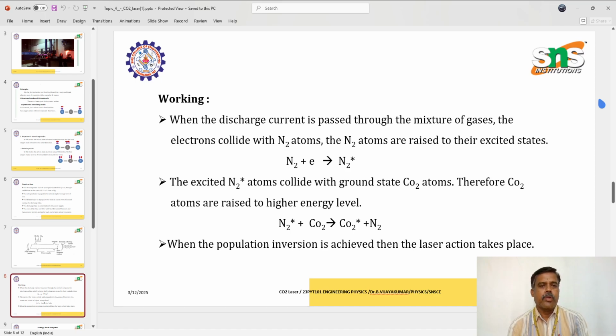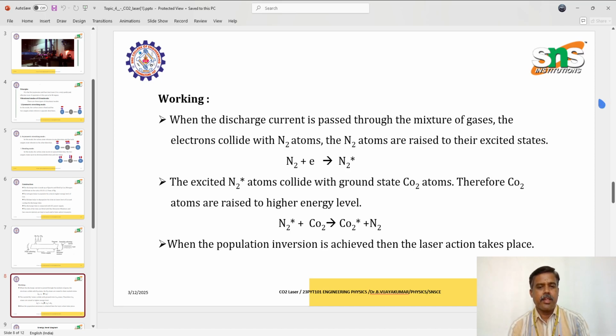The working: when the discharge current is passed through the mixture of gases by switching on the external power supply, electrons collide with nitrogen atoms and excite them to higher levels. So N2 plus e gives N2 star.